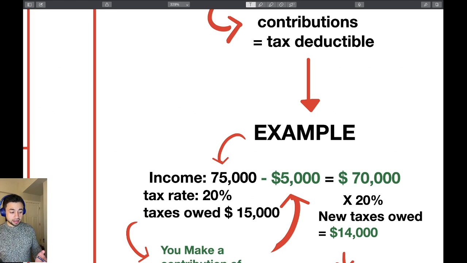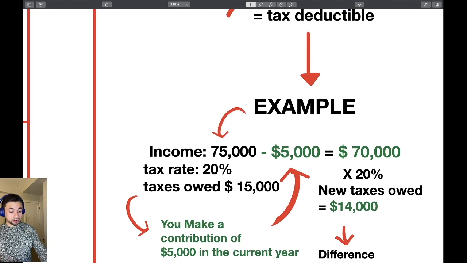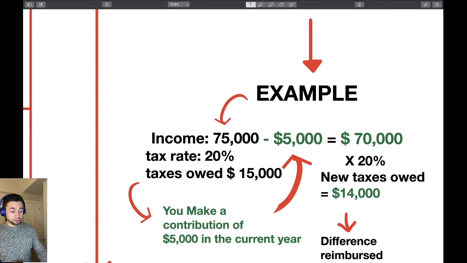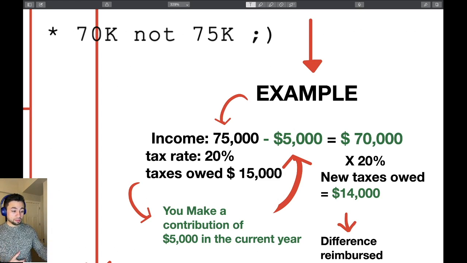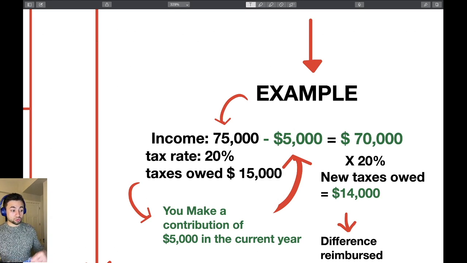But let's say that on that year you actually also open an RRSP account and make a contribution of $5,000. You can actually take this $5,000 and subtract it from the $75,000 that you made that year. In the eyes of the Canada Revenue Agency, you have now only made $70,000, or at least that will be the new amount that you'll have to pay the 20% taxes on, which essentially reduces your owing amount from $15,000 to $14,000.